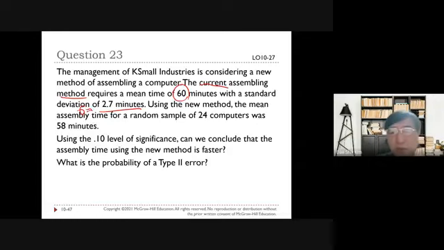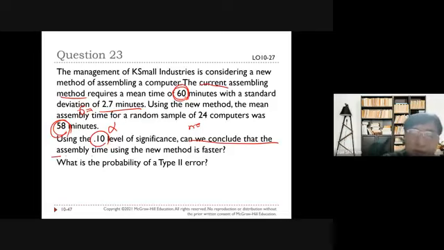Using the new method, a random sample of 24 has a mean of 58. You see, 60 is reduced by 2 minutes, but alpha is 0.1. Can you conclude that the new assembling method is faster?